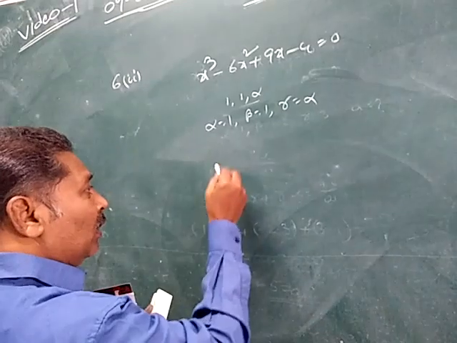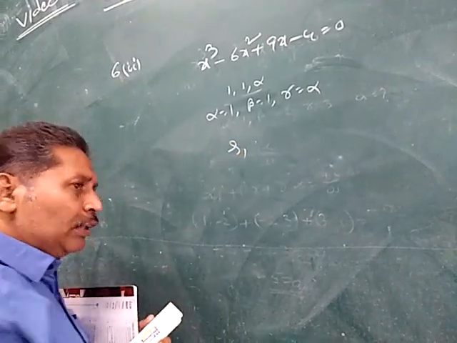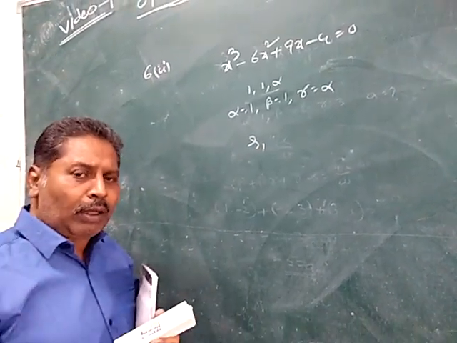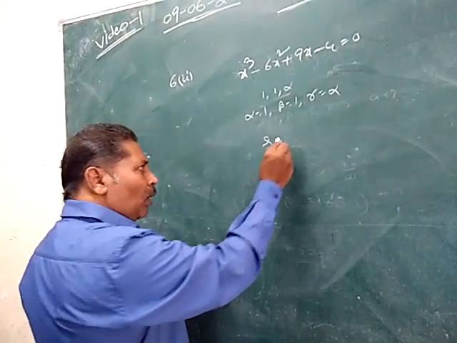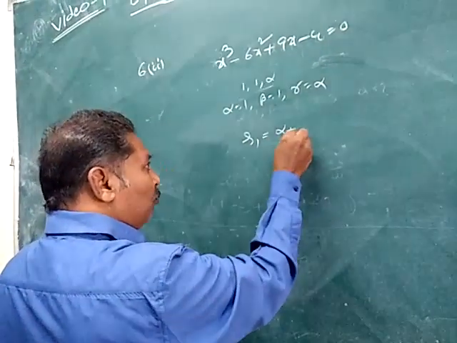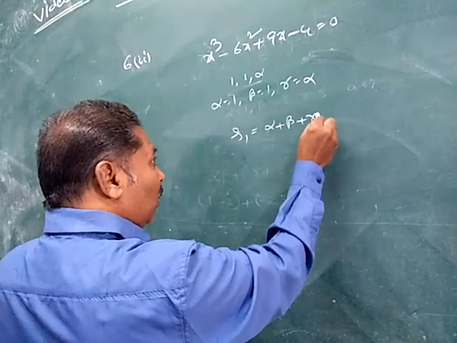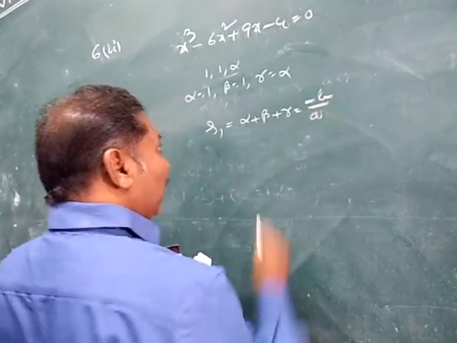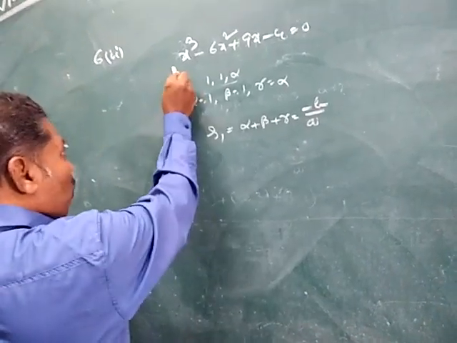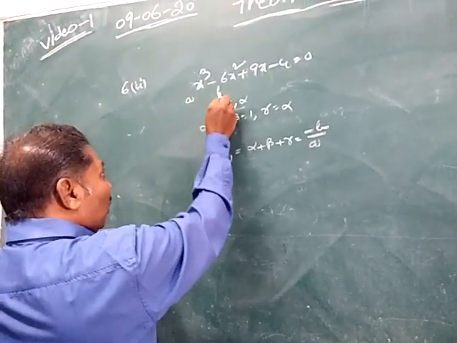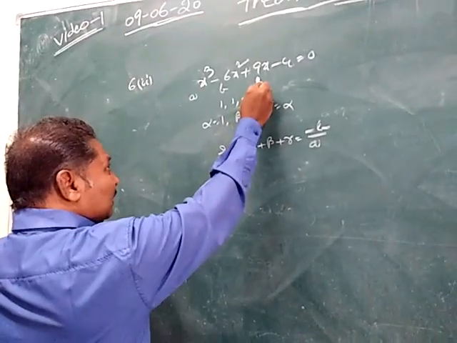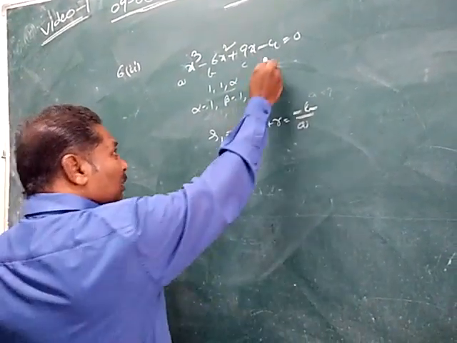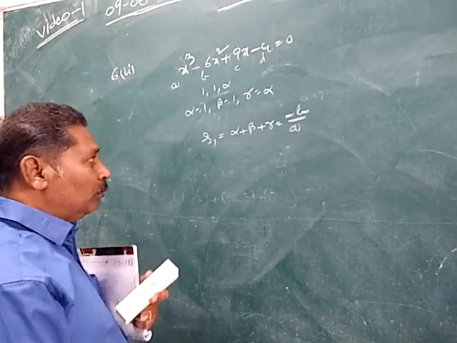So take S1 or S2 or S3, any one of these three. S1 equal to alpha plus beta plus gamma equal to minus b by a. Small a value 1, b value minus 6, c value 9, d value 4.